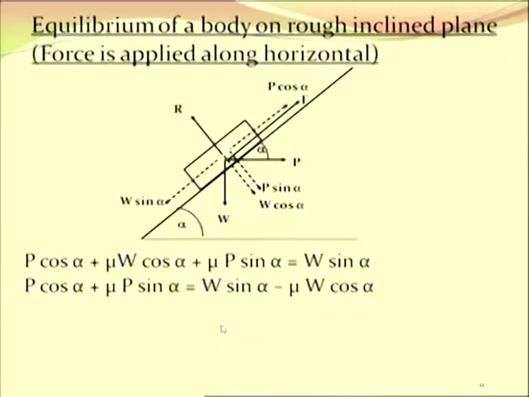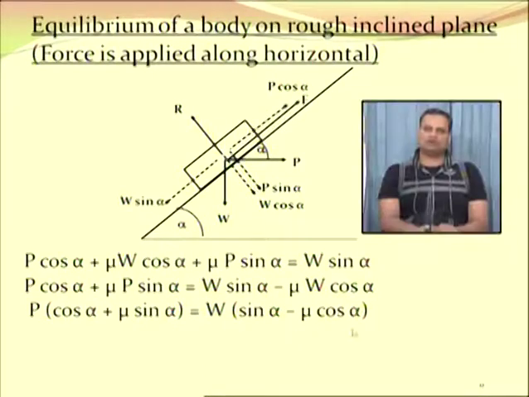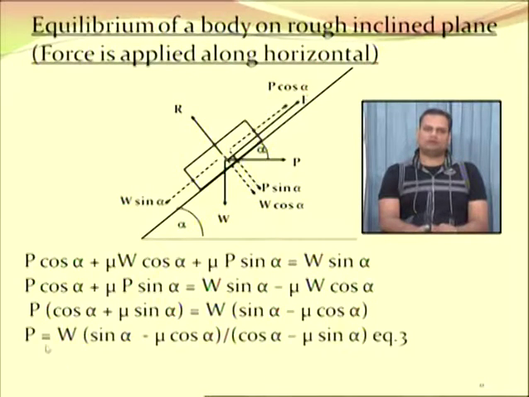Making P and W common, P is common here, so it results as P (cos alpha plus mu sin alpha) equals W (sin alpha minus mu cos alpha). Further simplifying, P is equal to W (sin alpha minus mu cos alpha) divided by (cos alpha plus mu sin alpha). That becomes our equation number 3.